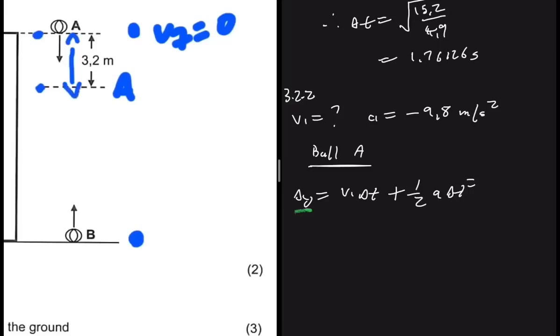That is the time we're interested in, right? We're going to subtract it from the total time, and that will be the time for ball B. Right, so if we substitute minus 3.2, then our VI 0 delta t plus a half minus 9.8 delta t squared.